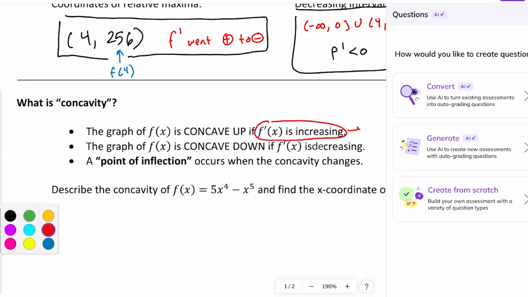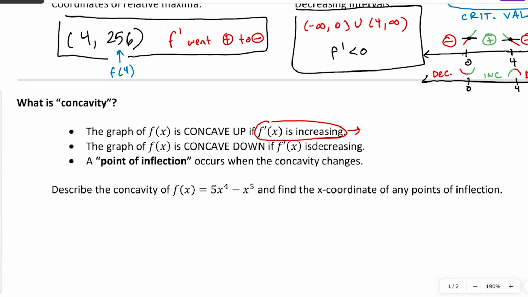Well, if f is increasing, what does that tell you about f prime? That it's positive. Not necessarily increasing, it could be a straight line. But more importantly, it's positive.